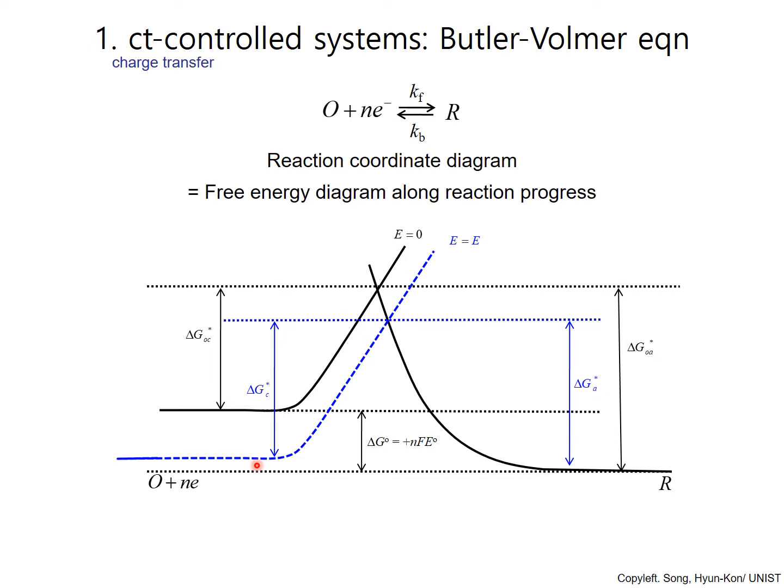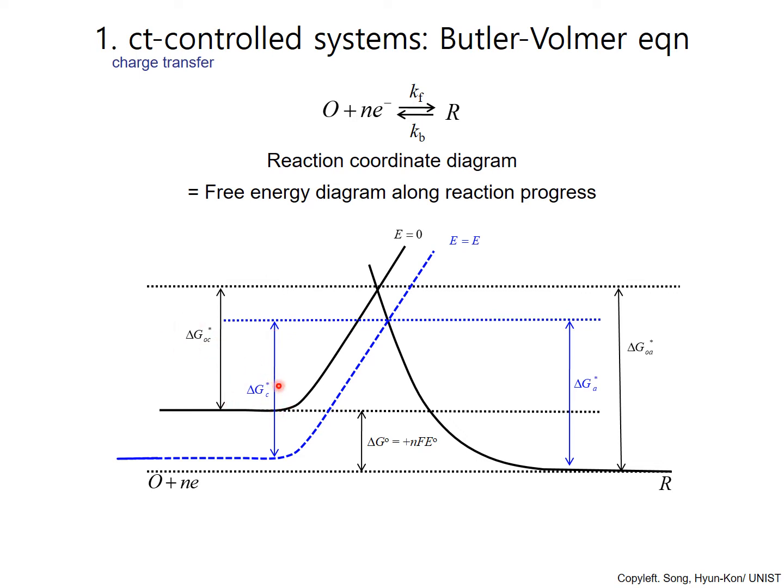Then let me check the activation energy. Before you have an applied potential, you have this activation energy. But right now, the activation energy has changed from here to there.